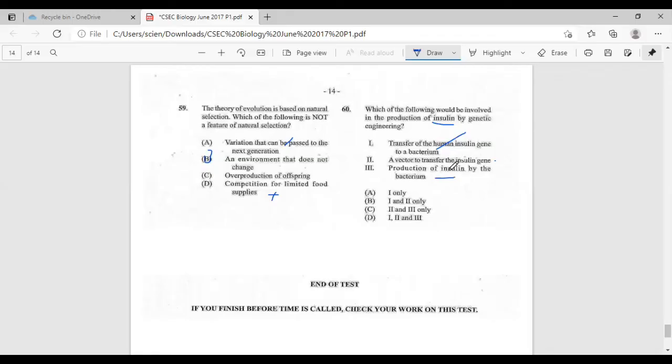So hence we will get the insulin being produced. And also 2 is definitely in it, because a vector is needed to transfer that insulin gene. So I'll go with D, which is all of them.